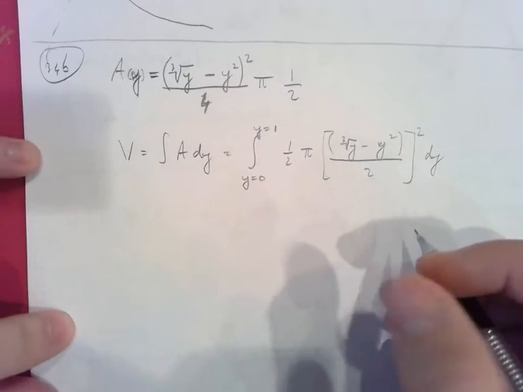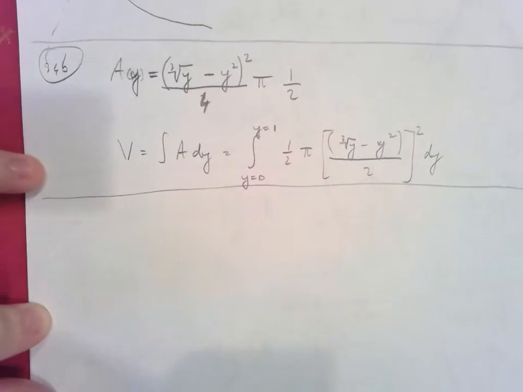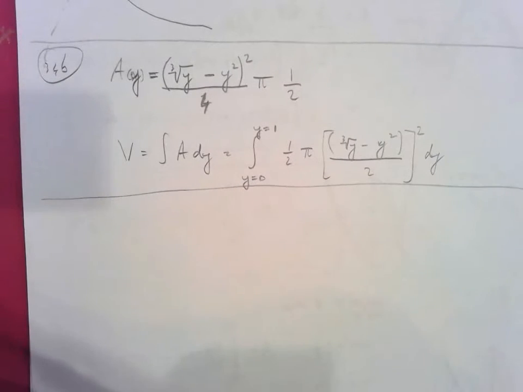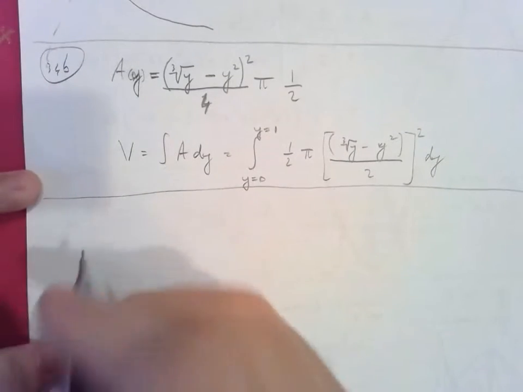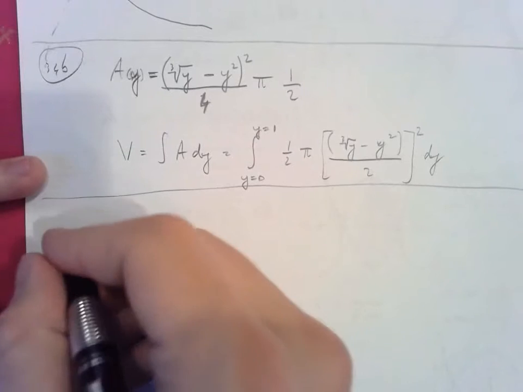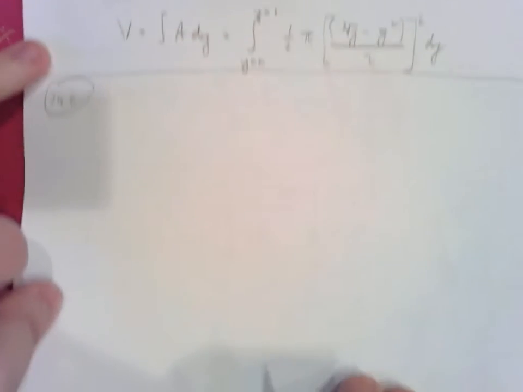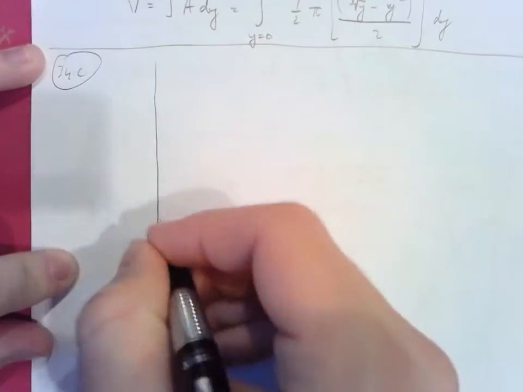Okay, so that's 34b. That wasn't too complicated, but now we're looking at a slightly more interesting area. So let's go to 34c, and let me find where the question is on my sheets of paper. So for 34c now, the base of the region is going to be a triangle with the following vertex structure.